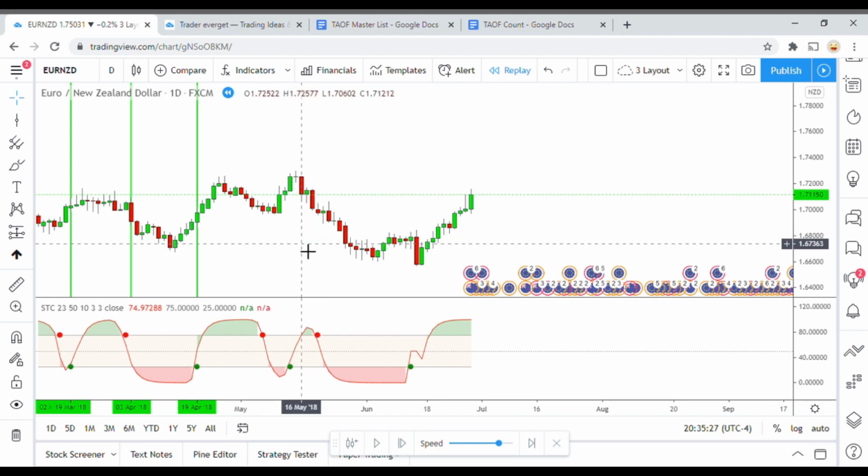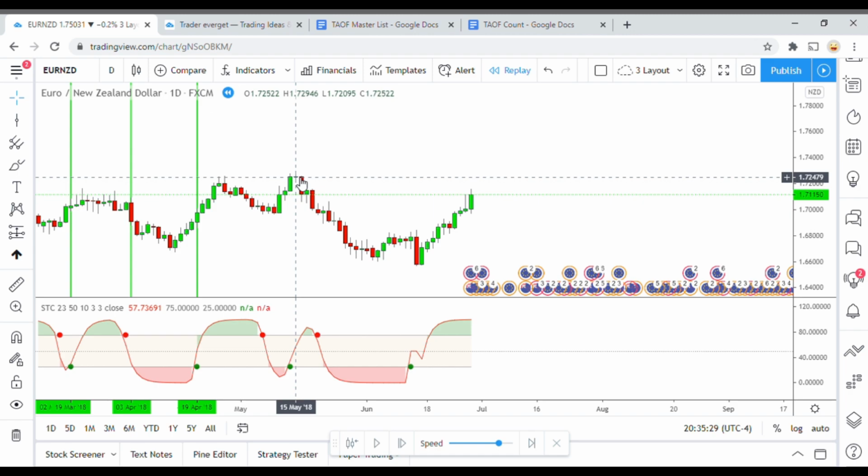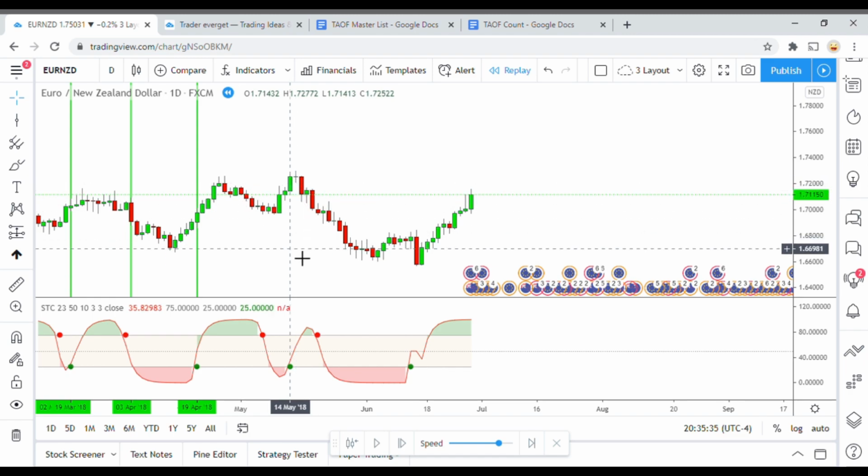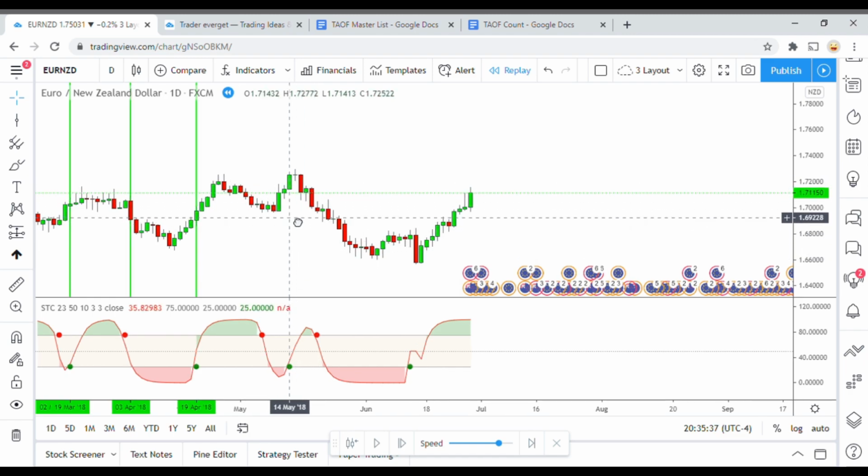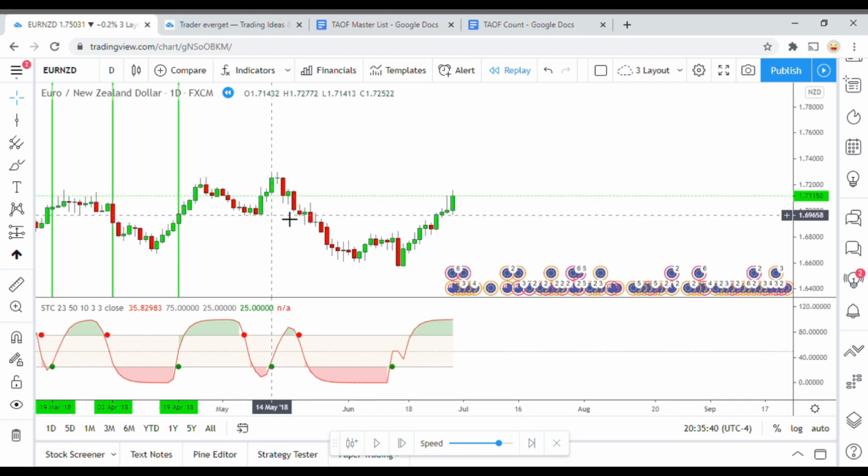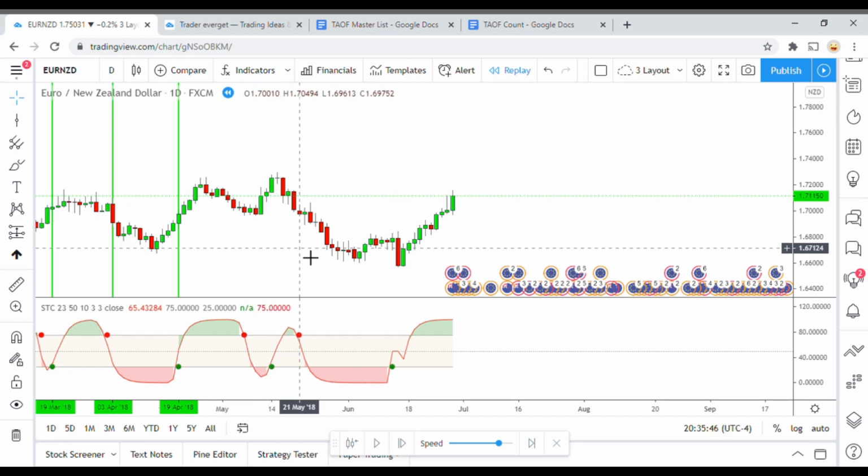It closed exactly at the same. Open and closed literally at the same price. That's pretty impressive. So that would not have been a valid. It did not open, did not close above that candle there, and so we would not have taken that one.